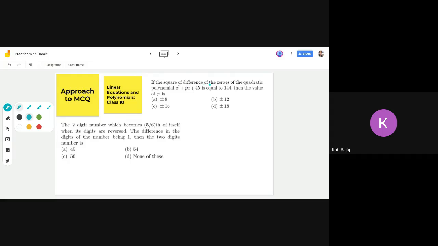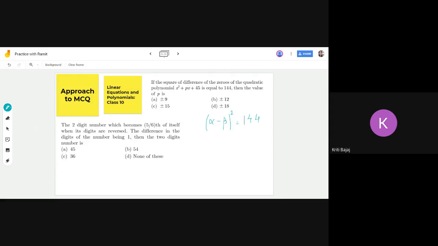There are two zeros, so let the zeros be alpha and beta. The square of the difference of the zeros of the quadratic polynomial is equal to 144. This is given in the question. Then find the value of p.